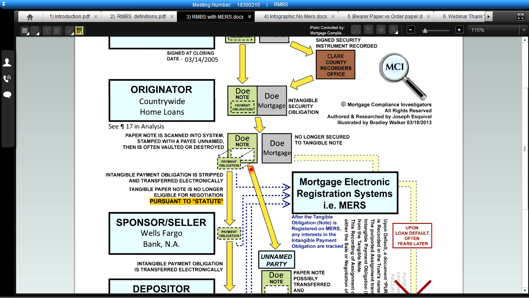And as we all know from Carpenter versus Logan, the mortgage cannot survive a moment without the debt. So with the debt being sold forward, the value of the mortgage has been reduced. It cannot attach itself to anything.